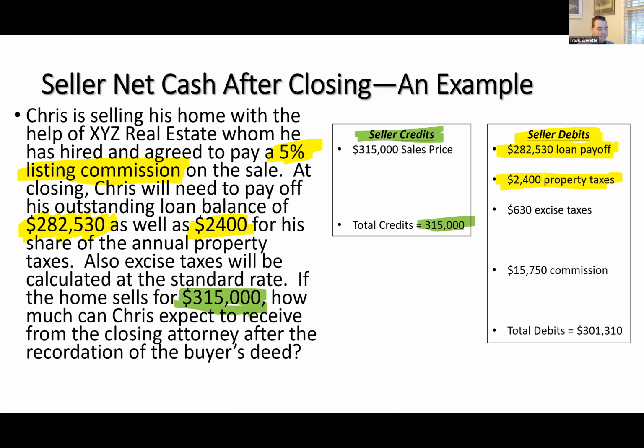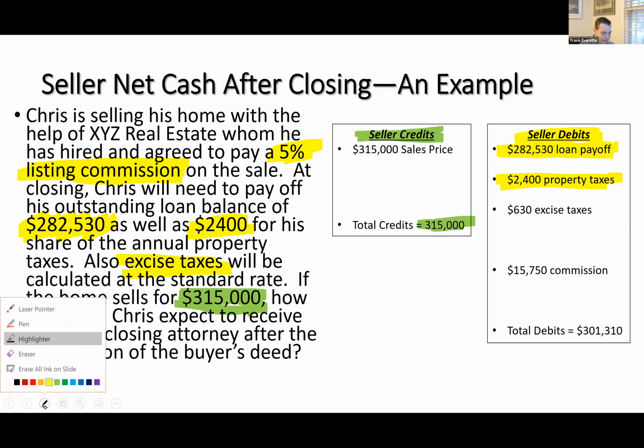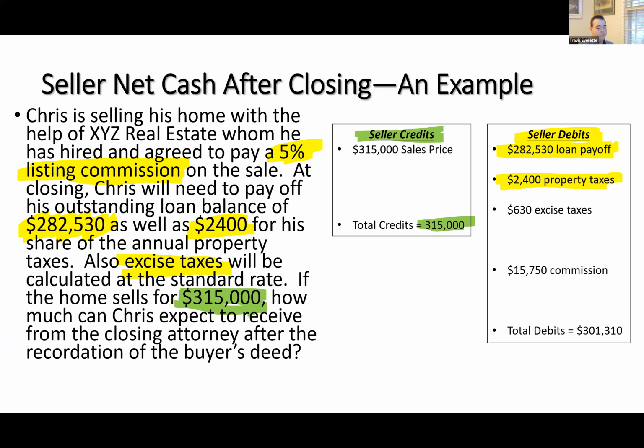It says excise taxes will be calculated at the standard rate. How many of you remember the standard rate for excise taxes? Hope we do. Isn't it just the sales price, $315,000, divided by 500?